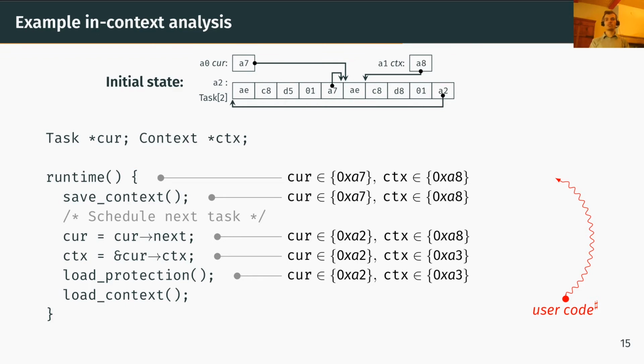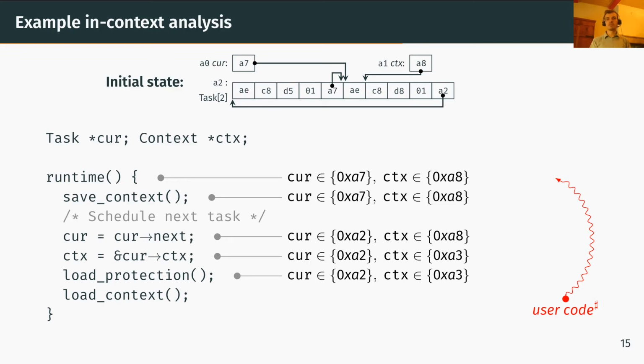And the user code can do anything within limits of hardware protections. And assuming that memory protection was properly set up, then kernel memory cannot be modified by the user code, and in particular cur and CTX cannot be modified.